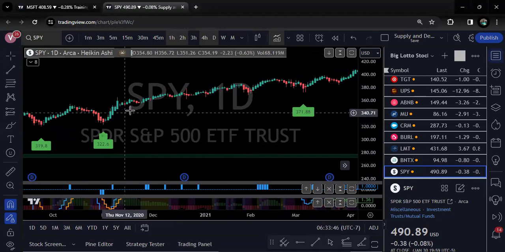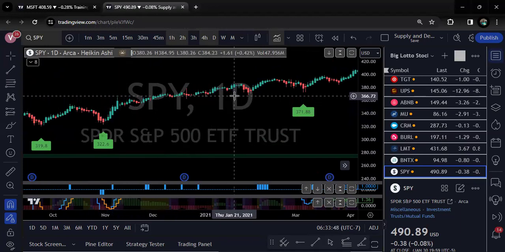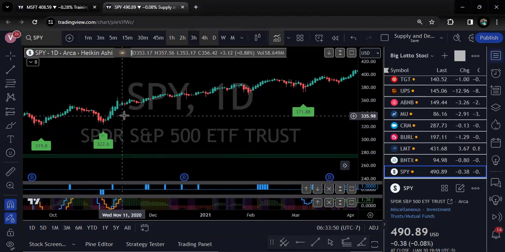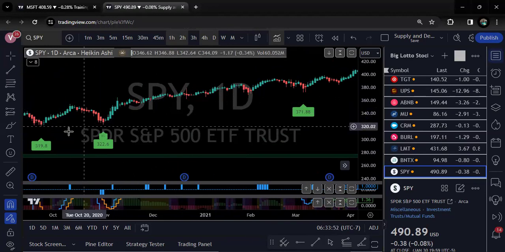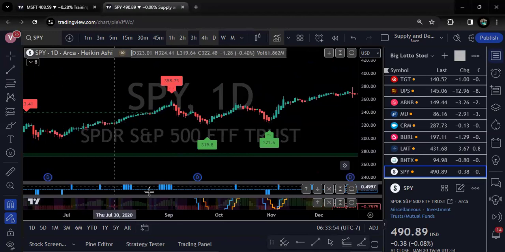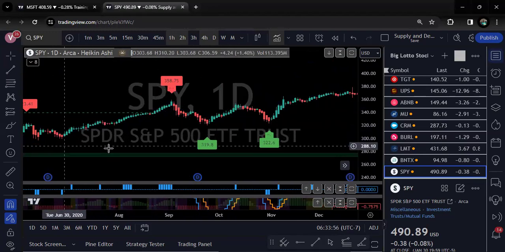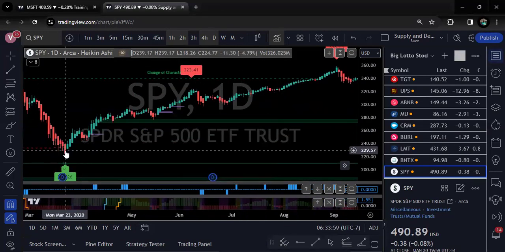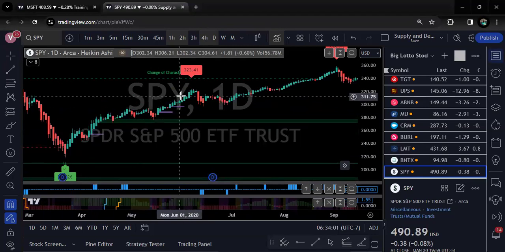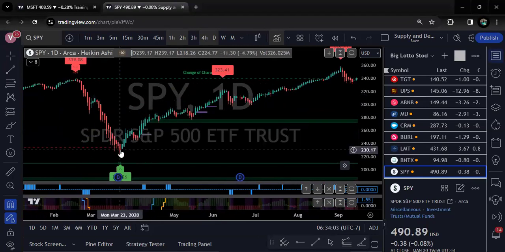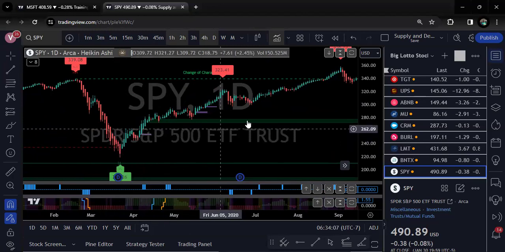So this was October. We were bullish all the way from October. So here we had the trend had changed. So this was a pullback. We were bullish from March. So this was where the trend changed from March. So we were supposed to be bullish April, May, June, July.